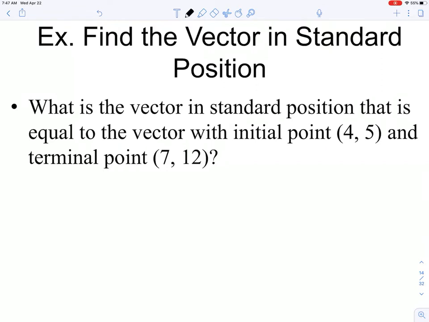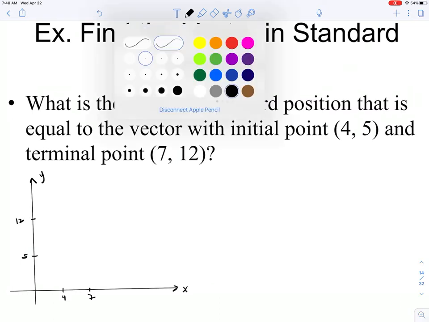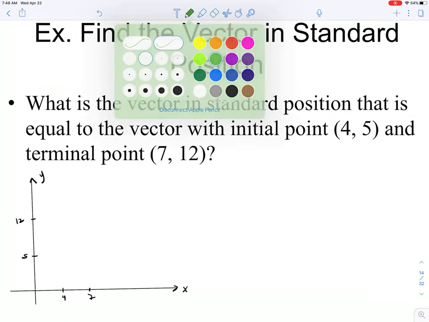Let me draw a picture that represents the vector with an initial point at 4, 5 and a terminal point at 7, 12. So this vector is in quadrant 1. Both of those points are in quadrant 1. Just going to sketch this.